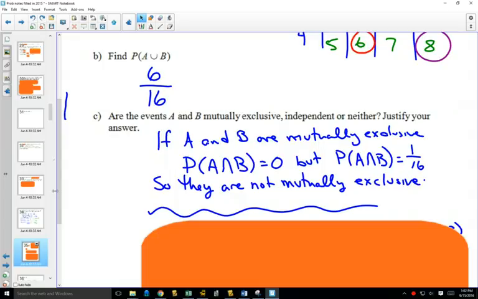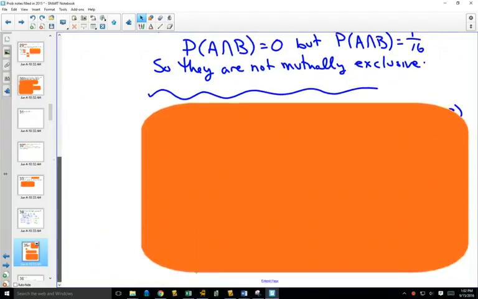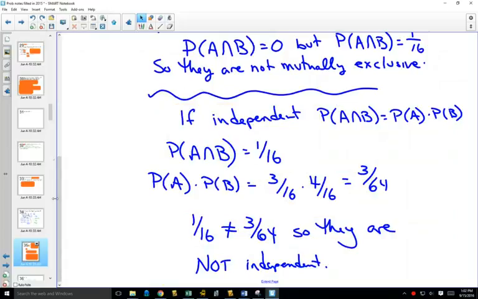And there are cases where only one thing like this happens, and they're not independent. But in order to check, we need to see if the probability of A and B is equal to the probability of A times the probability of B.